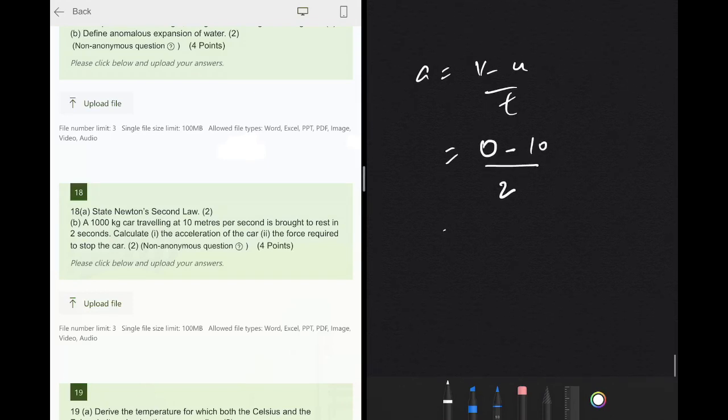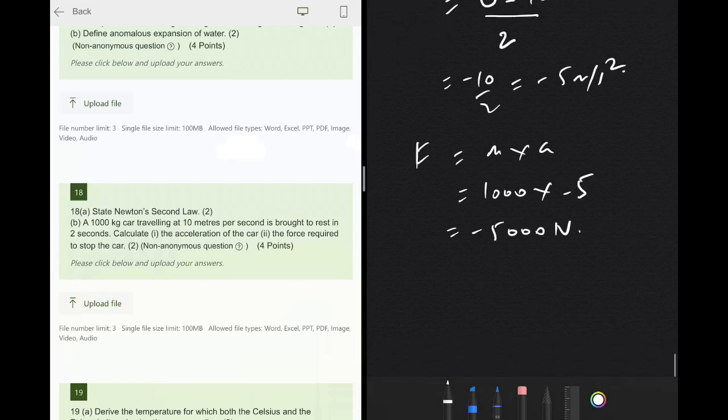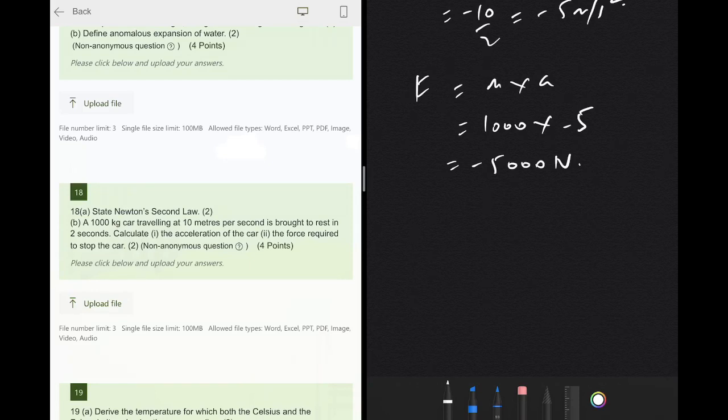So this is going to be minus 10 upon 2, which is minus 5 meters per second square. What is the force required to stop the car? M into A. So the mass is given as 1000 and the acceleration is minus 5. So minus 5000 Newton. You could also get your answer in plus. The negative sign implies that the force is stopping the motion.